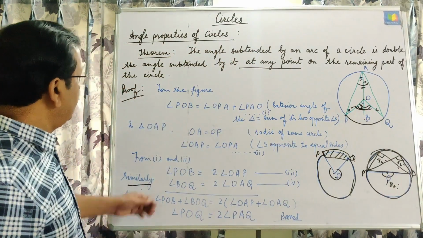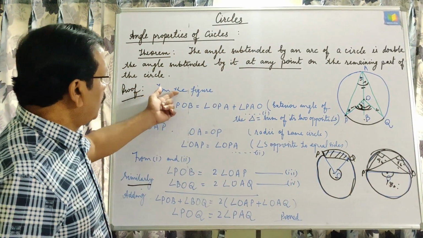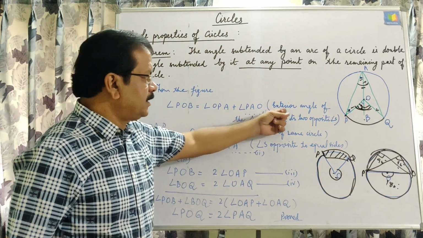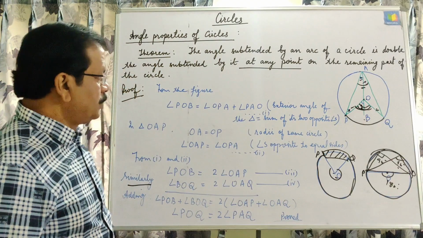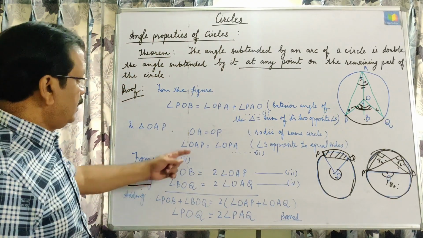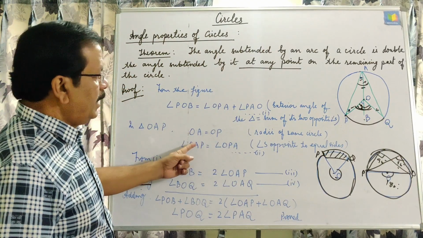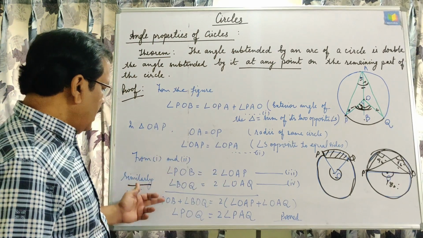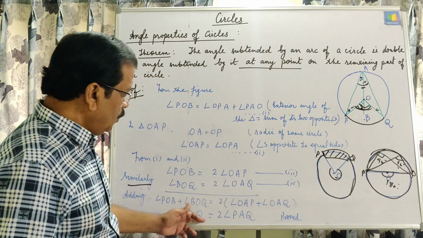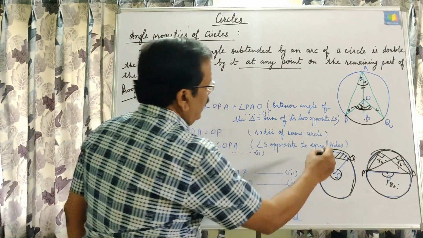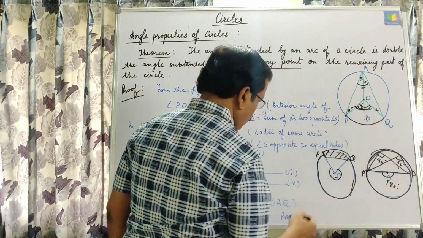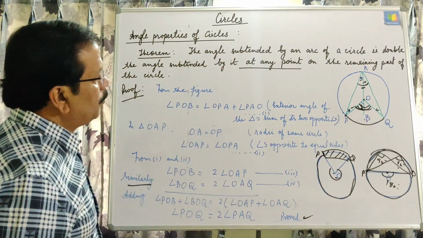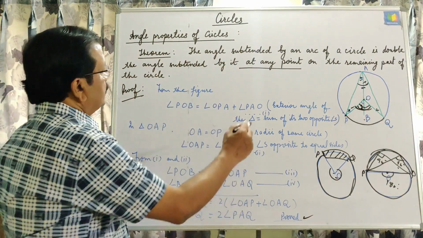Now you can see the proof from the figure. Angle POB is equal to this plus this, that is the exterior angle equals the opposite interior angles, and the radii of the same circle mean the angles will be equal. Adding these two, we get angle POQ is equal to twice the angle PAQ, and this is what we had to prove, that it doubles at any other point.